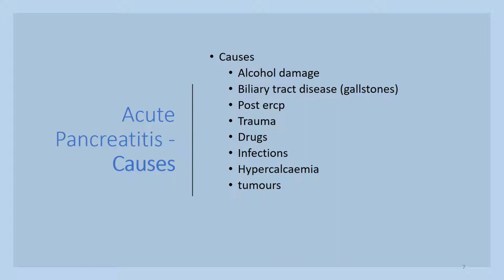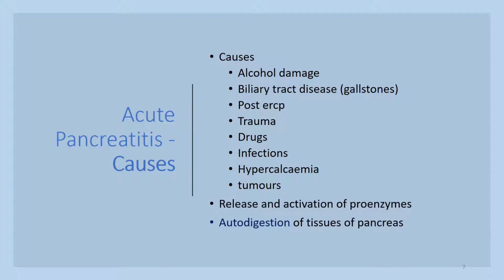The most common cause, as we mentioned earlier, of severe acute pancreatitis is gallstones blocking the pancreatic duct. And in fact, this can also occur even if the gallbladder has previously been removed. And as we said, this can result in the release and activation of the proenzymes and severe pain.